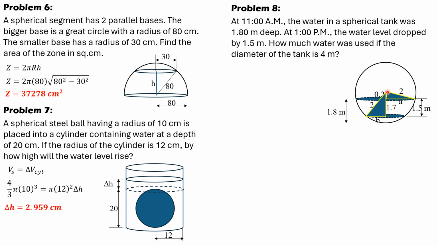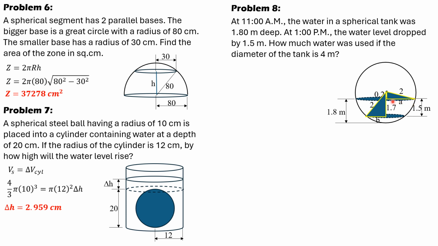For the first, at 11 a.m., we have here a right triangle with 2 meters radius of the sphere. This is 0.2. 2 meters minus 1.8 is 0.2, then call that a. Then at 1 p.m., this is 1.7, 2 minus 0.3 because this is 0.3, and that's 2 meters. I'll call this radius b.